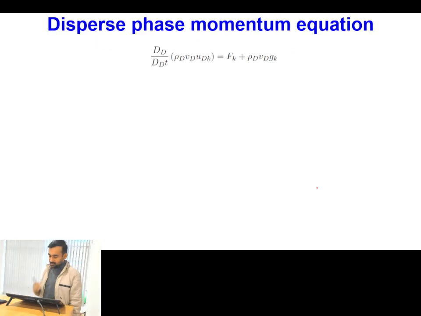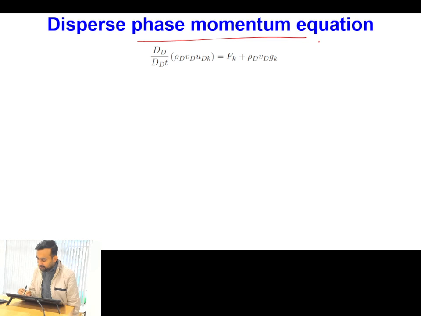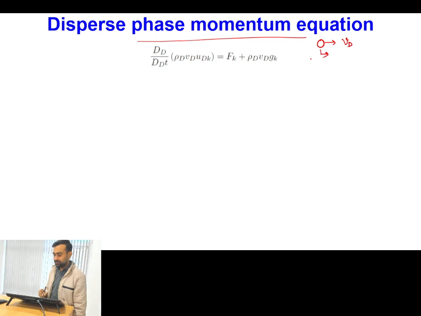Now let's talk about the equation of momentum in terms of number density. We have seen the momentum equation in terms of number density earlier. So let's consider that an individual particle has volume Vd. Okay, so I have some individual dispersed phase particle with volume equal to Vd.